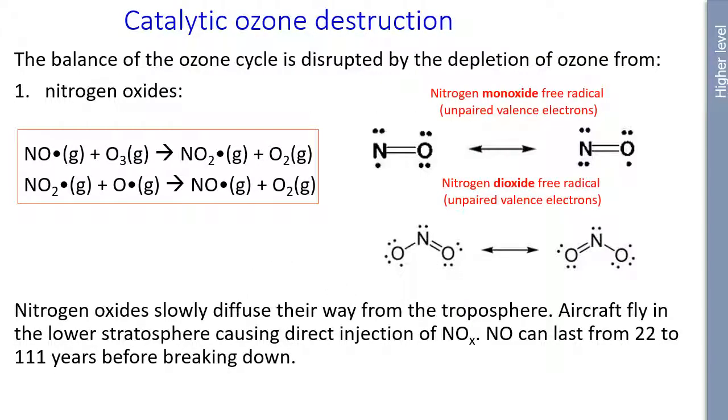So in terms of catalytic ozone destruction using nitric oxides, the balance of the ozone cycle can be disrupted by depletion of ozone from nitrous oxides from factories and so forth, by this equation here, by formation of nitrogen dioxide free radicals. And what happens is the nitrogen oxides slowly diffuse their way from the troposphere, and aircraft fly in the lower stratosphere, causing direct ejection of these nitric oxides from their combustion. And NO can last from about 22 to 111 years before actually breaking down, so quite insidious.